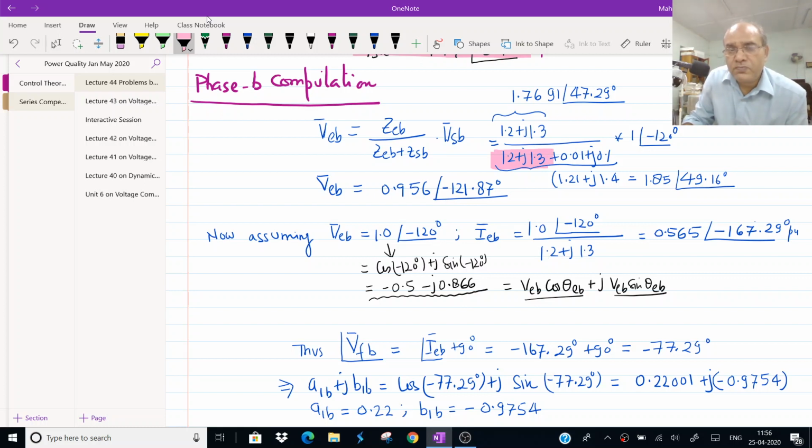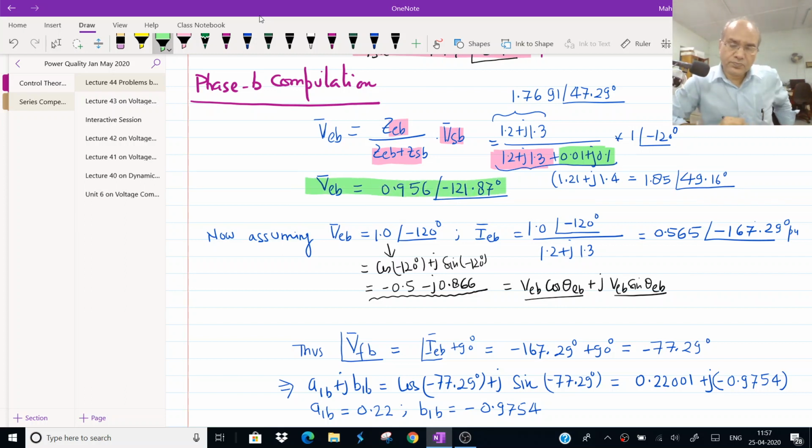This is the value of the phase B load impedance. And this is the source, you already know it, this is ZS. So the ratio of ZLB by ZLB plus ZSB into VSB will give you VLB. If you solve this, we get VLB as 0.95 angle of minus 121.87.